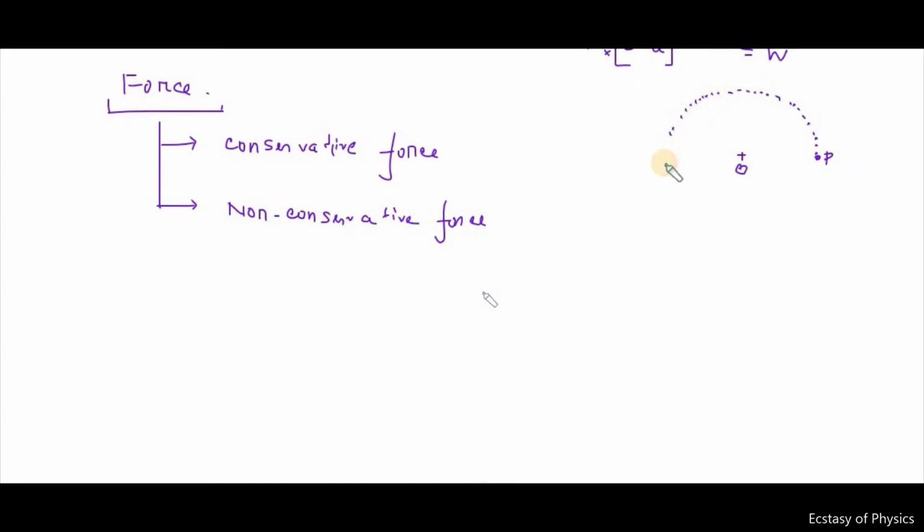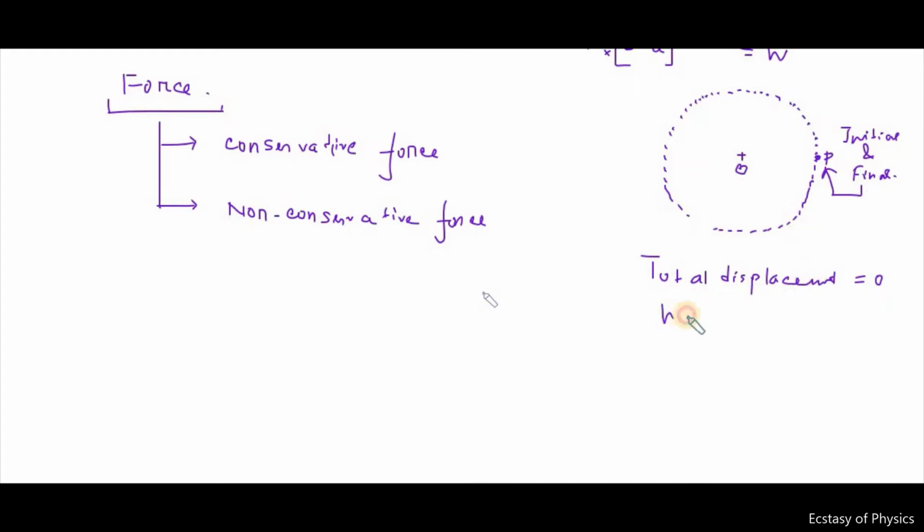After a complete circle, it reaches its original position again. In that case, what would be the total displacement? The total displacement would be 0, since the initial and final positions are both represented by the point P.